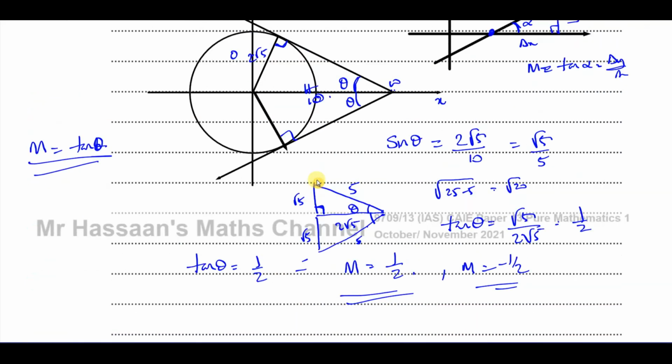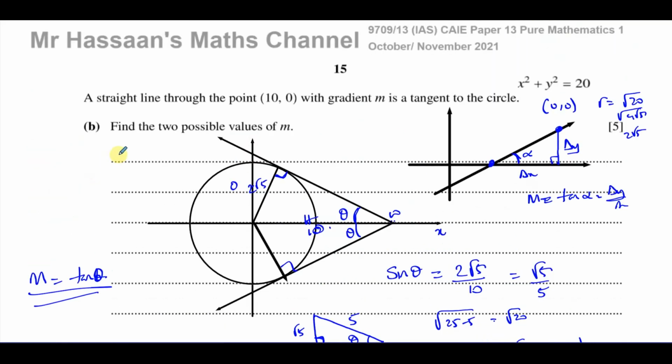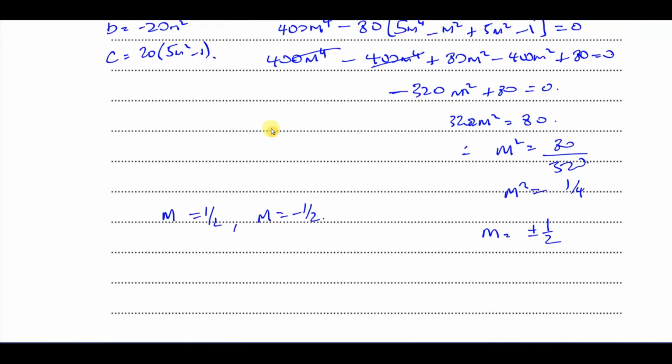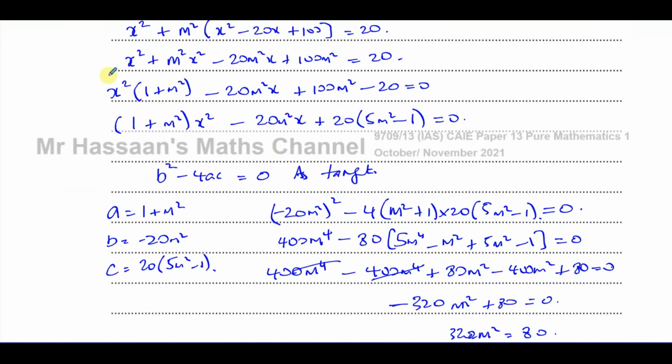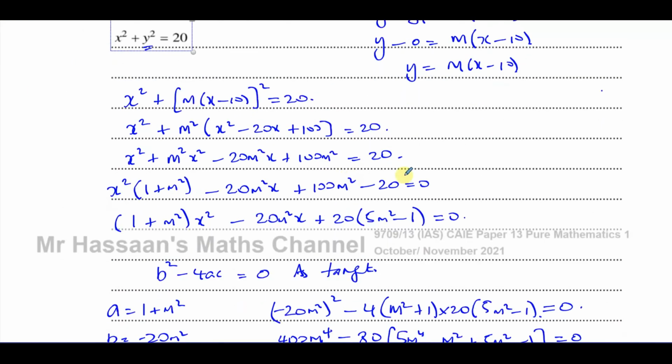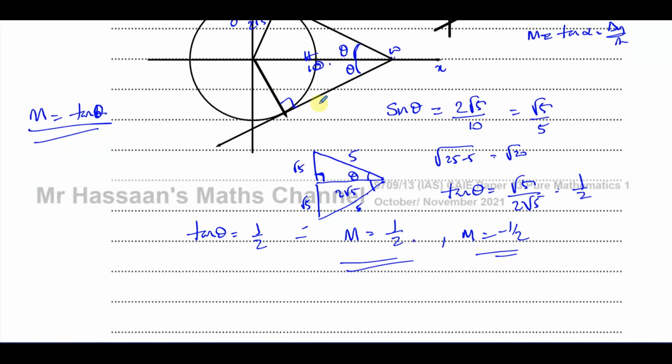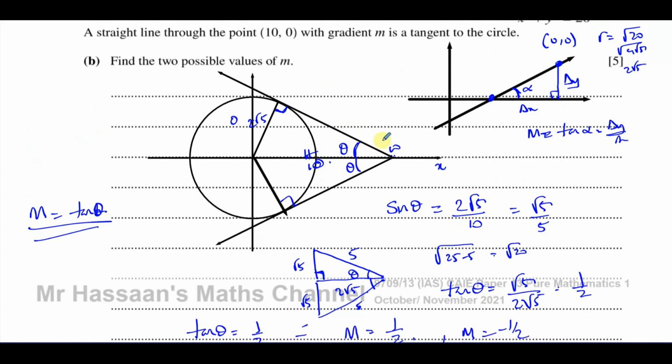So there we have two methods of answering part B. One is a purely algebraic method involving the discriminant being equal to 0 when you have tangents to the circle, and the other uses some visual techniques and the understanding that the gradient of a line is the same as the tangent of the angle that the line makes with the x-axis, with the horizontal. So there we have the answer to that question.